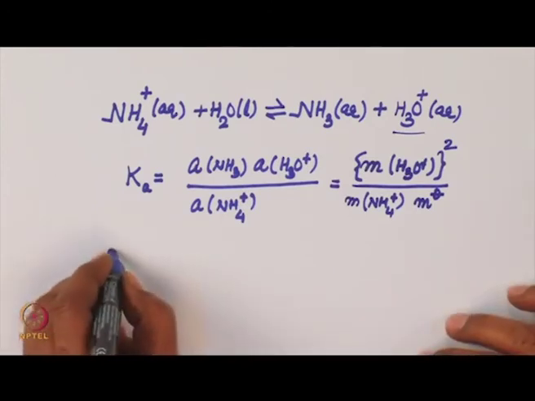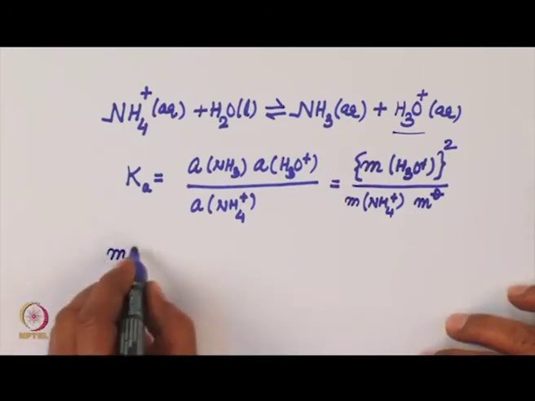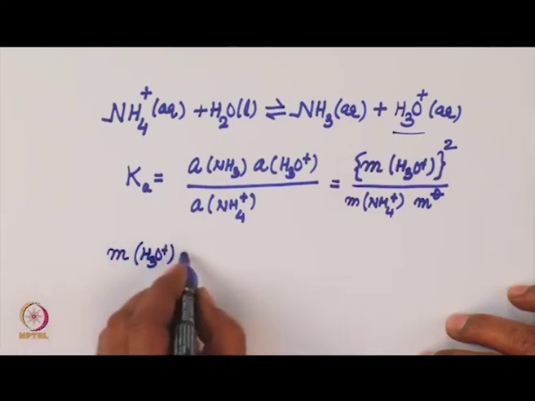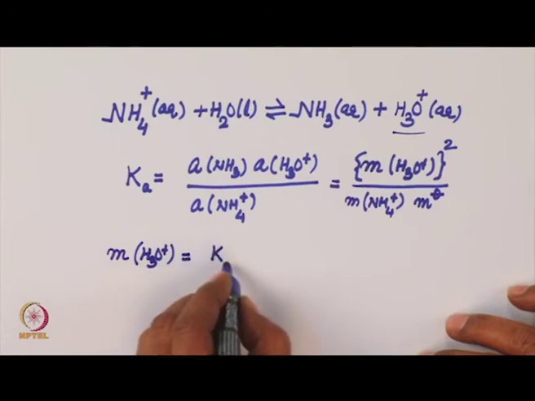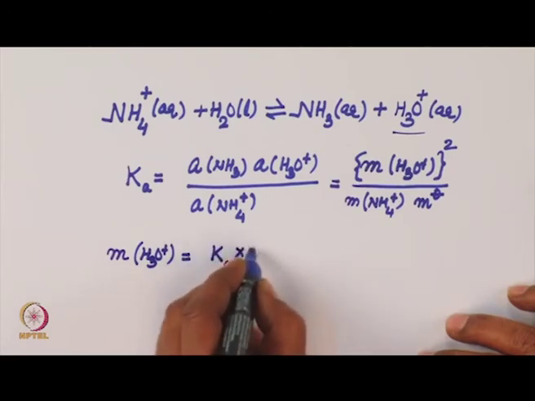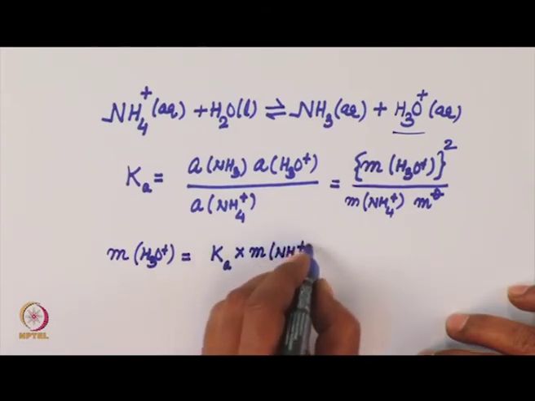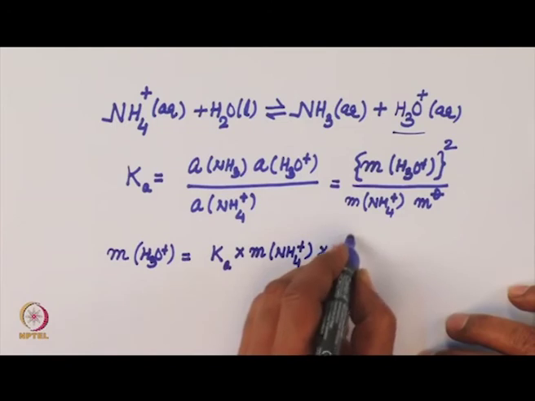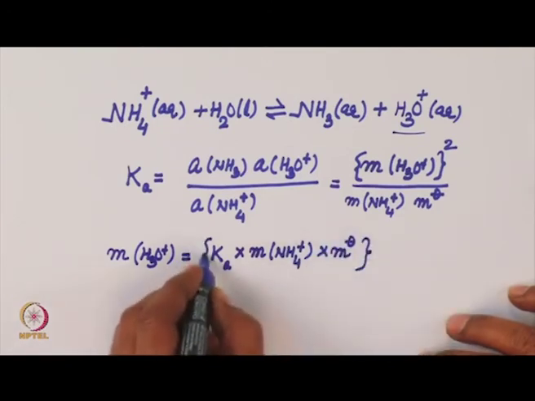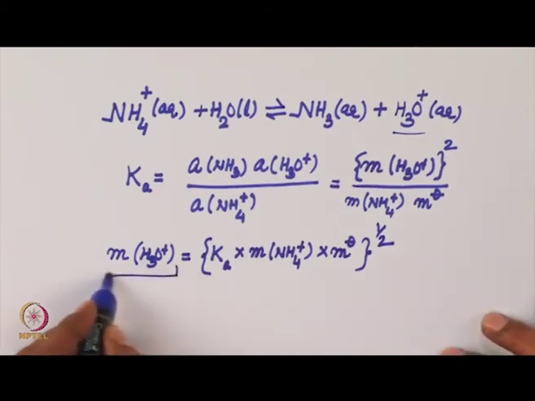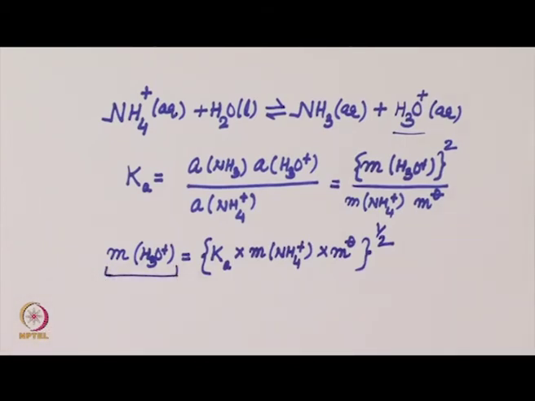So therefore I have molality of H3O plus equal to Ka into molality of NH4 plus into M naught, raised to the power 1/2. So I can easily calculate the molality of the proton or H3O plus.